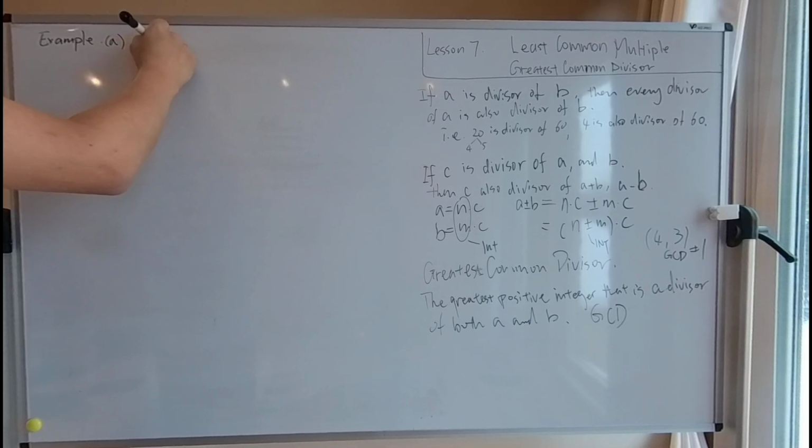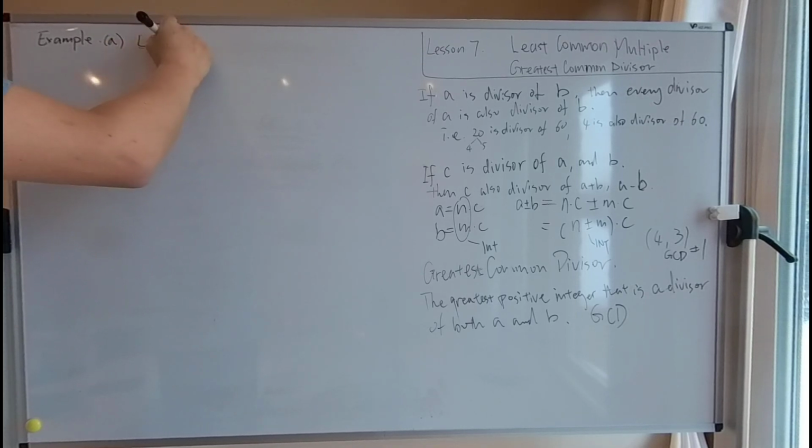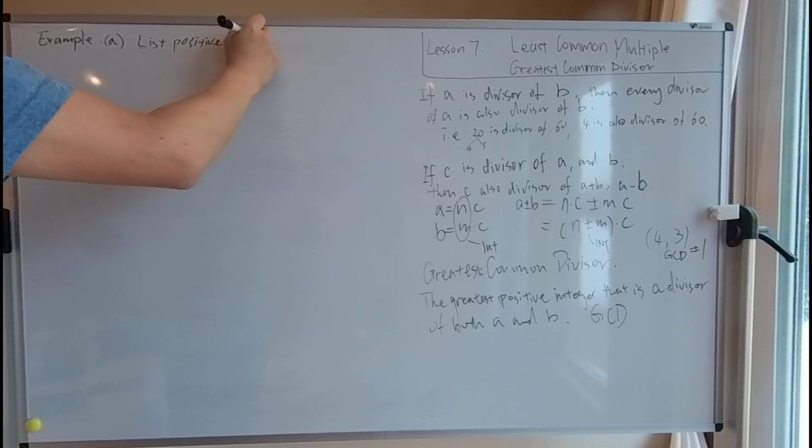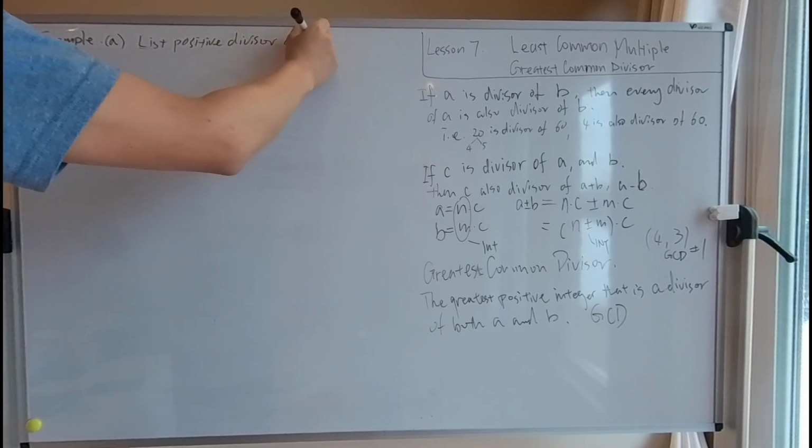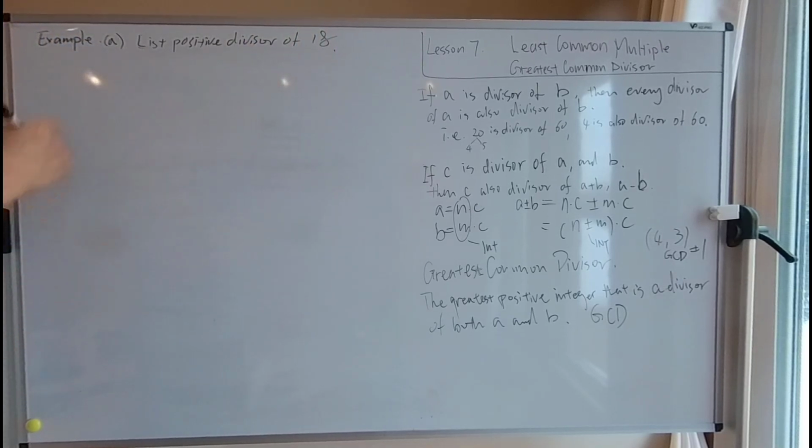So first, let's list all the positive divisors of the number 18. So 18 is 1 times 18. It's also 2 times 9. It is also 3 times 6. 4 is not a factor. 5, no. 6, you already have 6 over here.